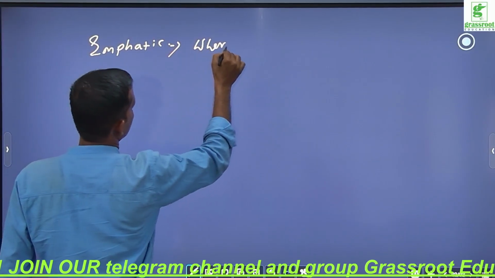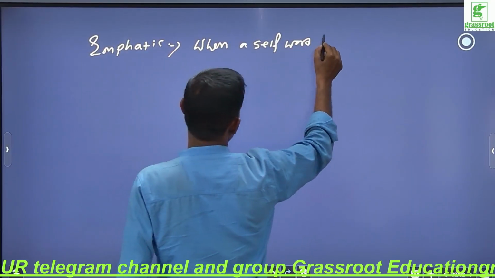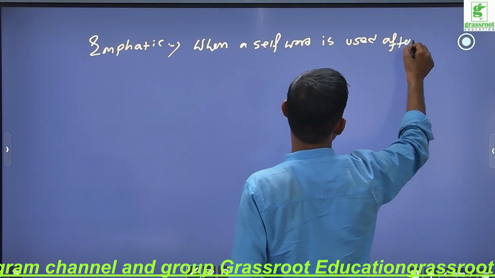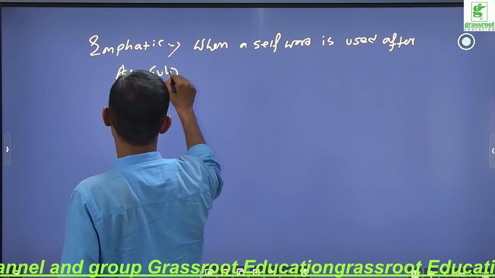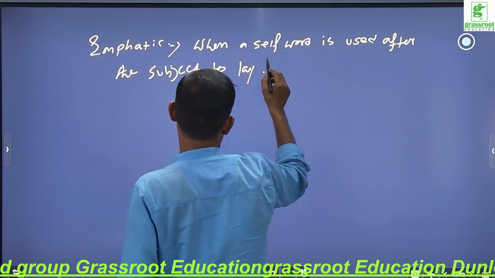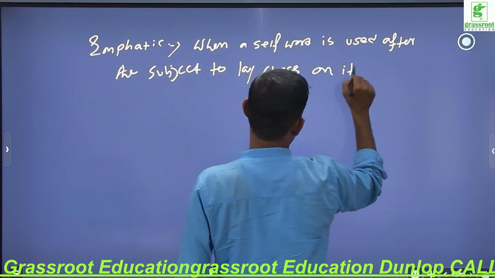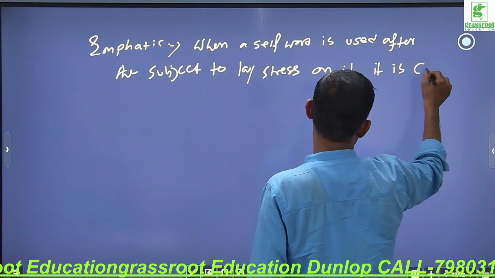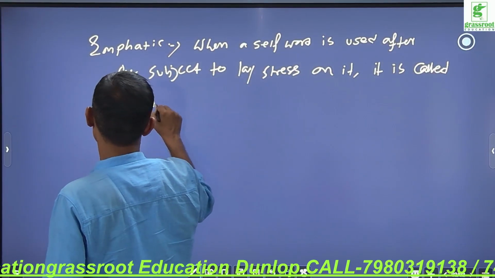When a self word is used after the subject to lay stress on it, it is called emphatic pronoun.